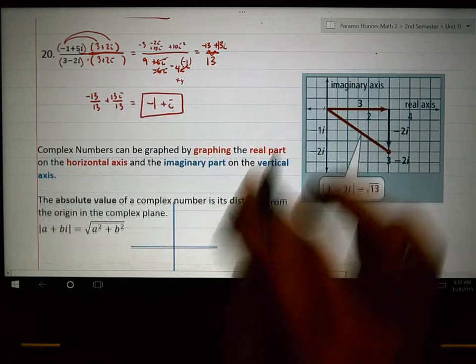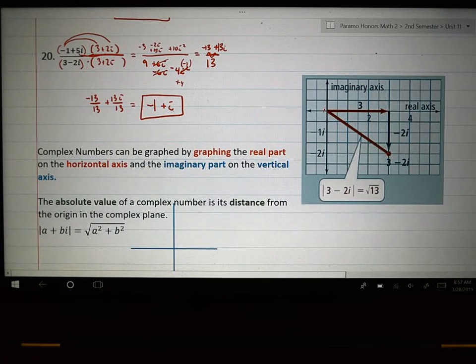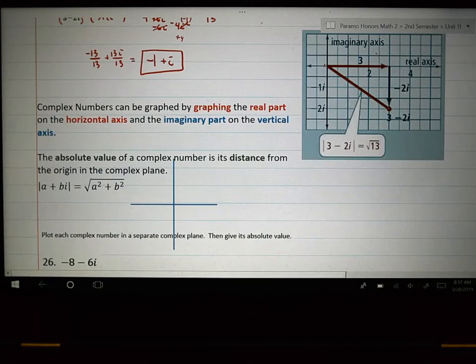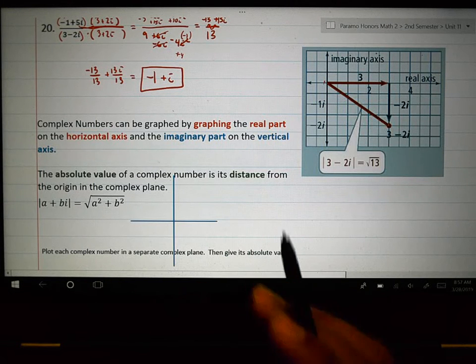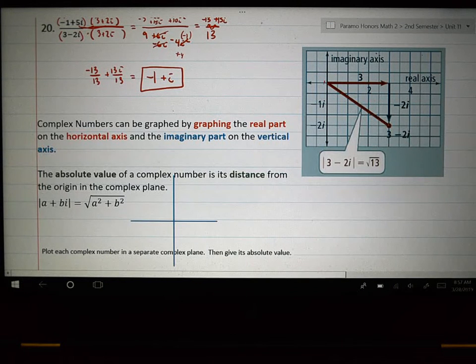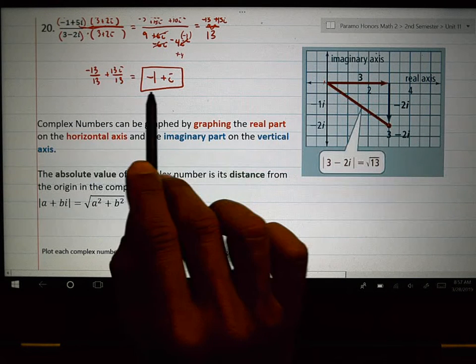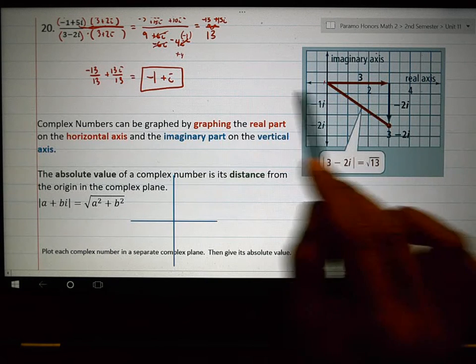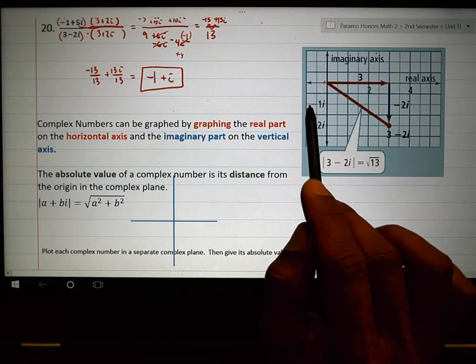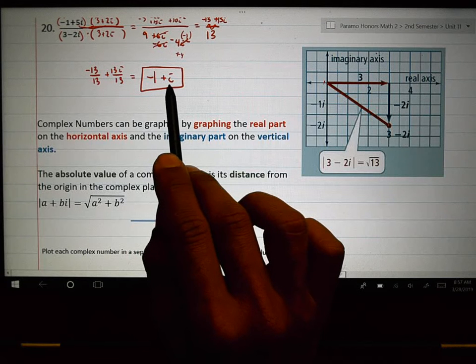So the last thing I need to talk about before I end these notes is how to graph complex numbers. Complex numbers can be graphed by the real component and the imaginary component. The real component, remember how earlier I told you that this is the real component? That's your x-axis. That's your real axis, left and right. This is your imaginary component.